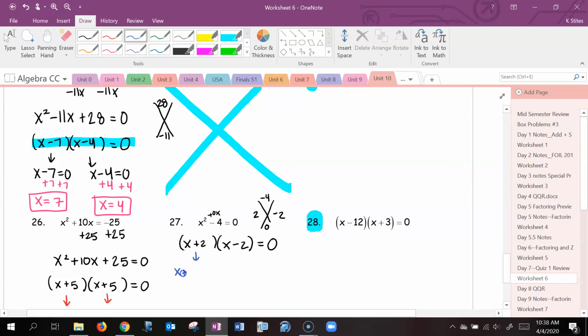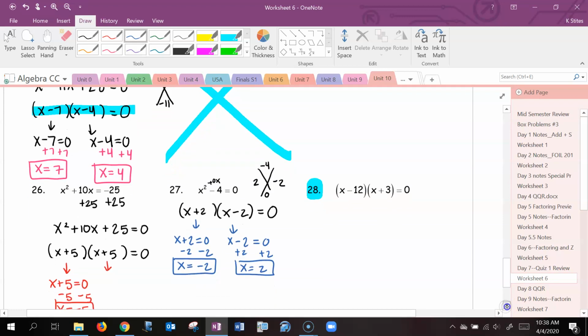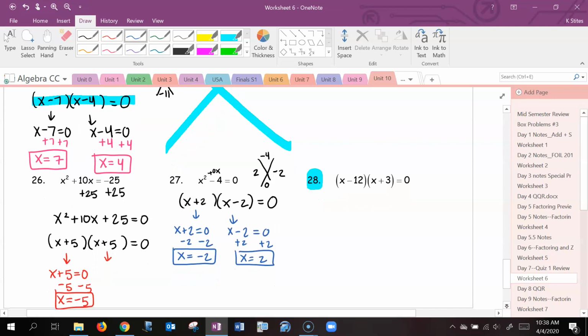And then I'm just setting each part equal to 0. The factoring comes first, and then once you set it equal to 0, that's the solving step. So we have x equals -2 and x equals +2. And those are your two solutions.